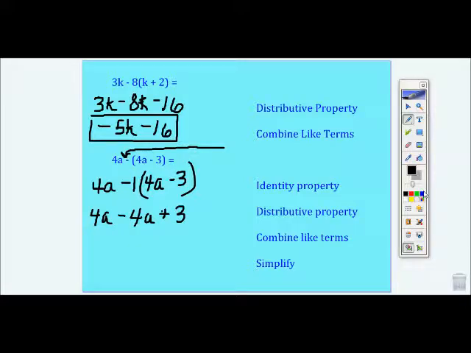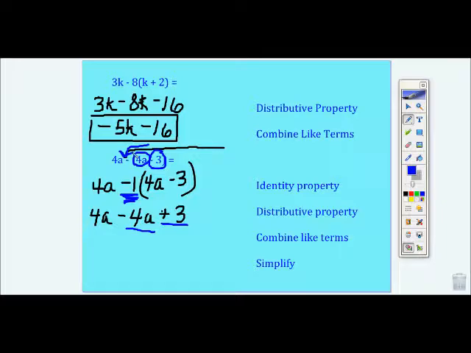If I was going to use my opposite rule, it would say make everything in that parentheses opposite. So my 4a would turn into negative 4a, and my negative 3 would change into positive 3. That negative outside the parentheses can either be thought of as a negative 1, or as an opposite of everything that's in the parentheses.